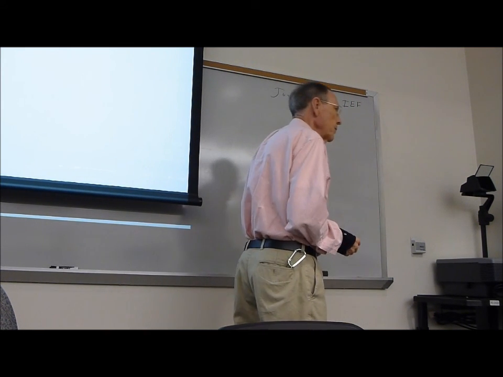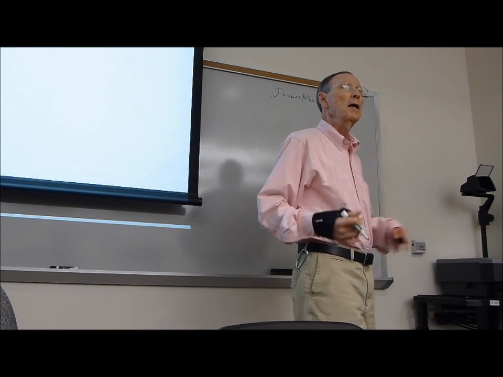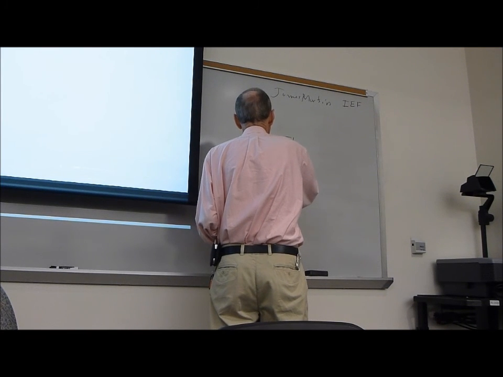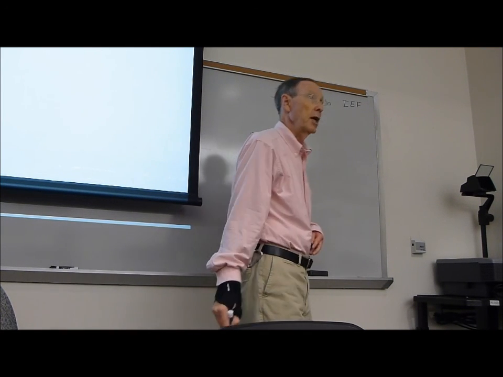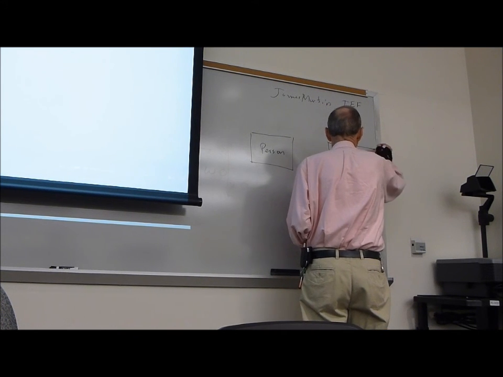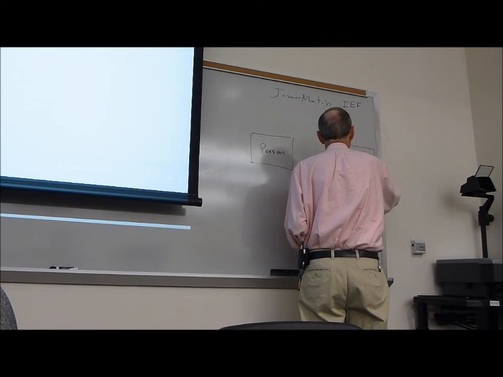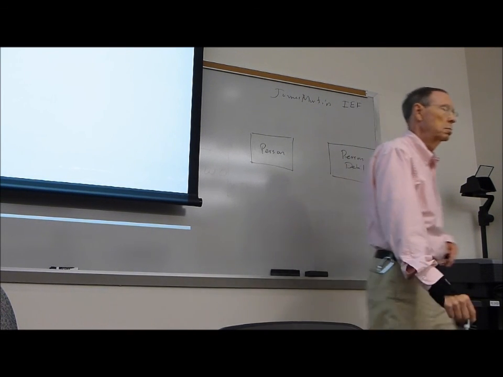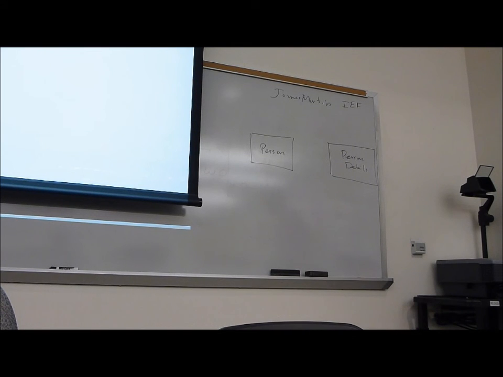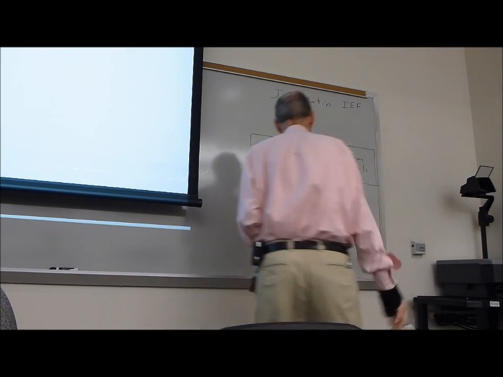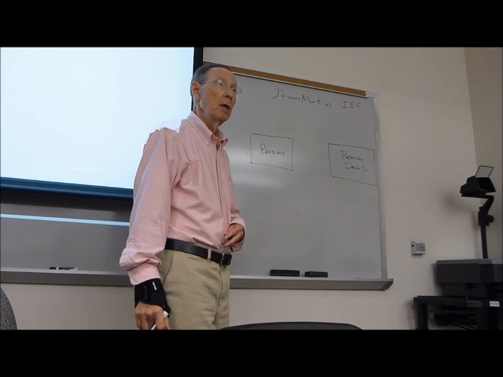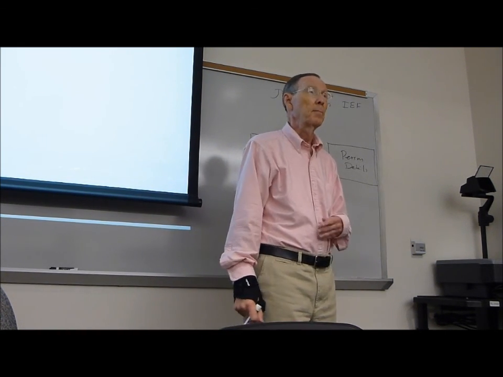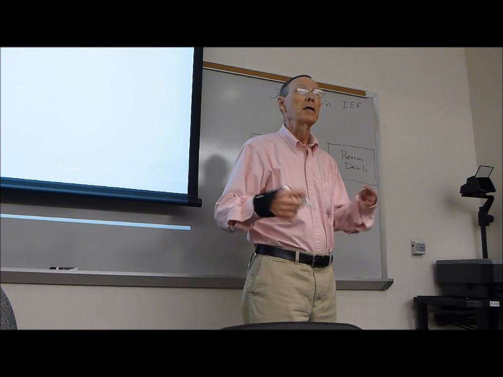A good one would be we're going to keep a high-level table on a person, and then there's another table over here called person detail. This is more of a database convenience. This might be only the high-level stuff on the person, but there's a lot of detail on a person.